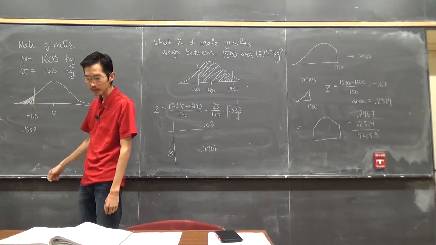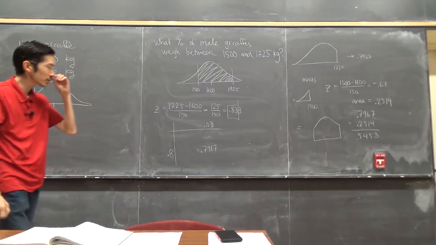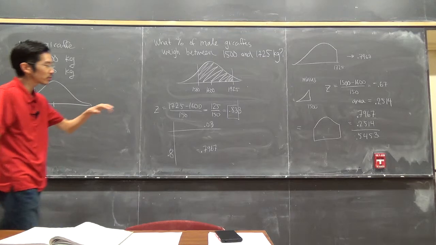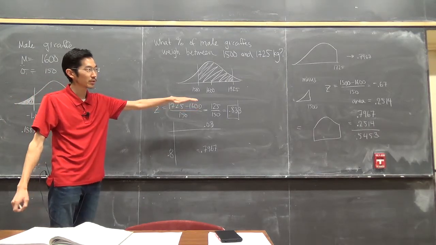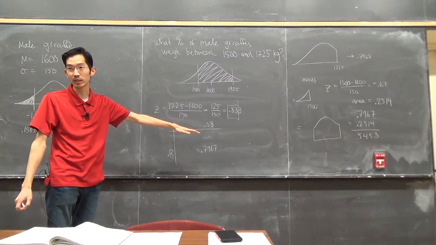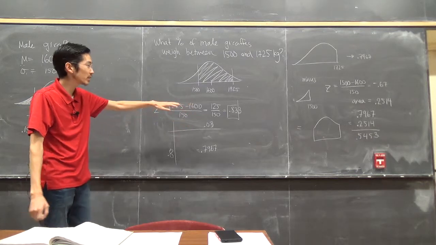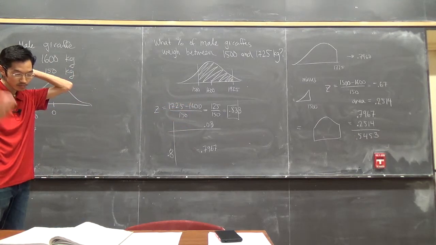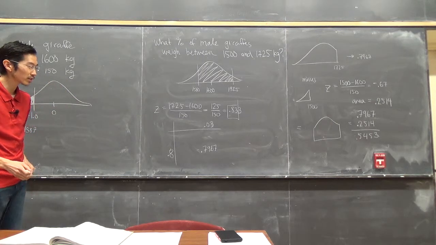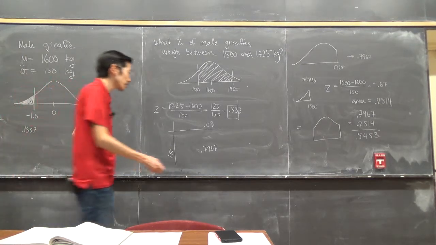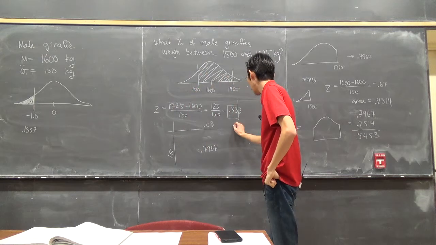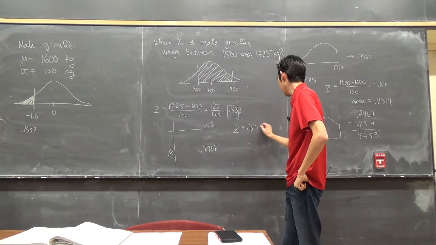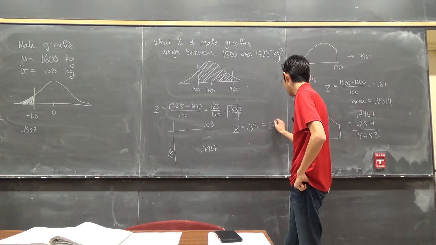One thing I also noticed when people are doing their work: it's important to distinguish your z-score from the area. If you can keep track of everything, it's okay, but it's bad practice to say z is equal to 0.83 and say that is equal to 0.7967.